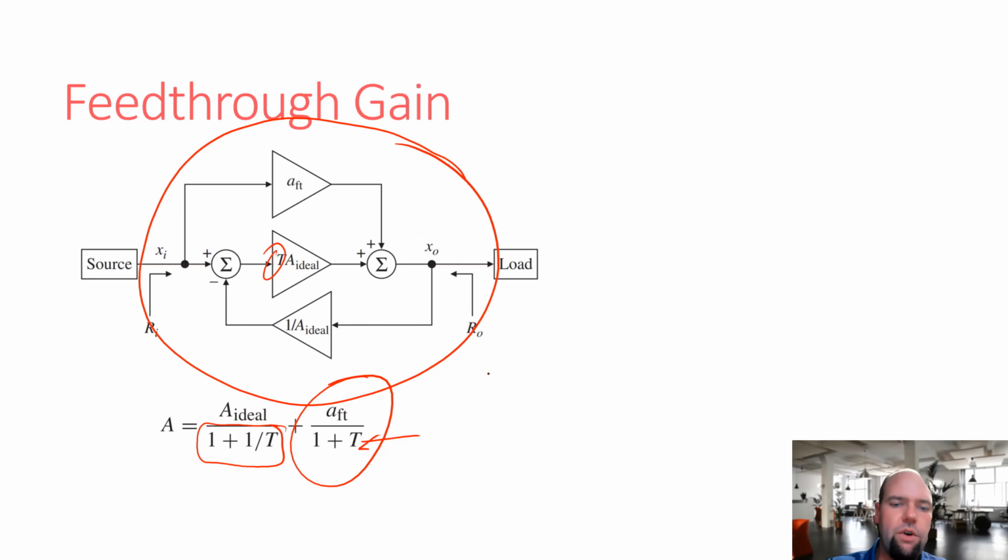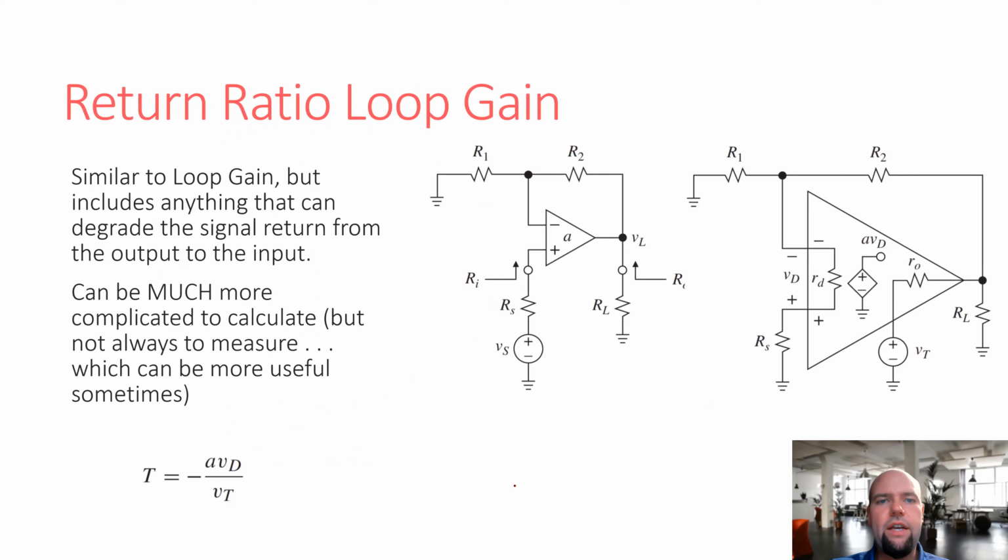And so again, going back to our equation here, to do this analysis, we have to find the feed through gain. We also have to find this return ratio term. Return ratio, also known as return ratio loop gain, is related to, but not the same as, loop gain. If you think about it, the loop gain was the open loop gain times the feedback gain.